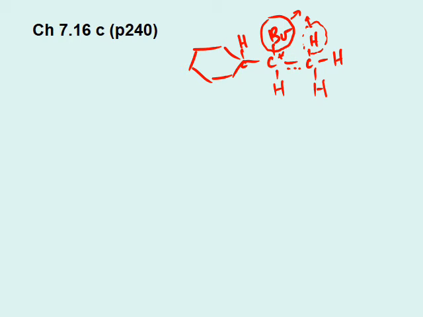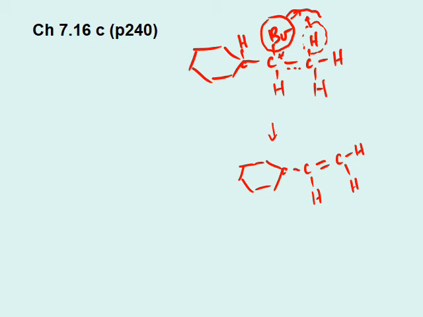So let's rewrite this product, because I don't want to make it messy. It'll be hard to understand. So this is C, and then you'd have CH. Now you'd have a double bond, CH2. So this is the product we're getting if these two leave.